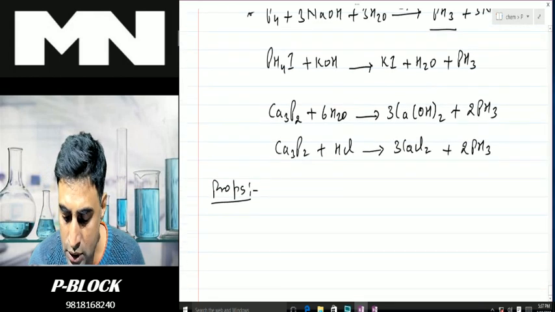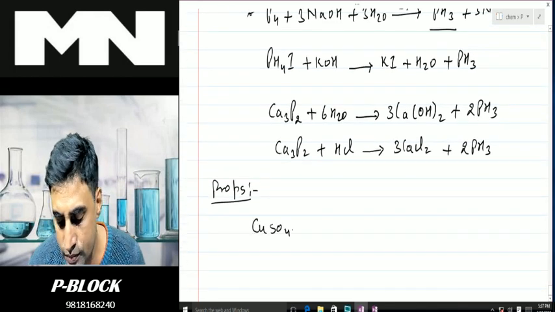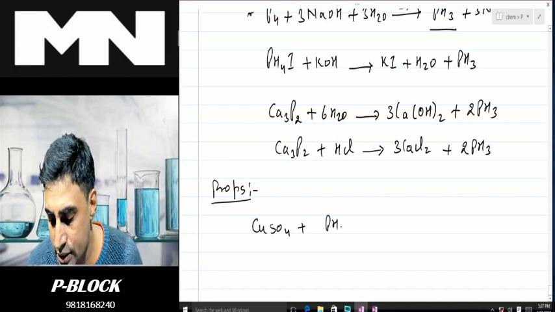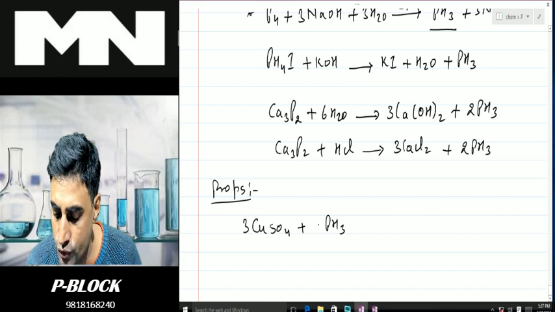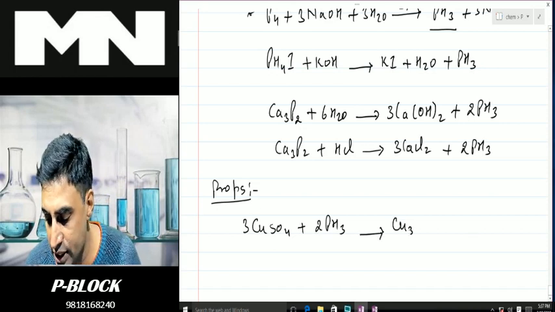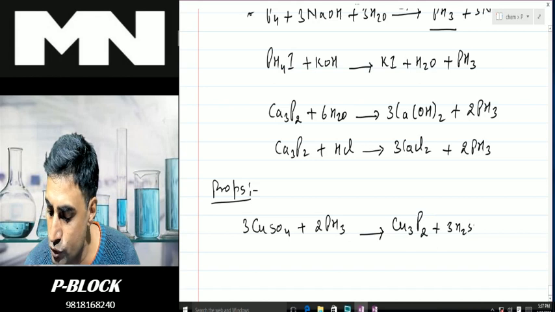of phosphine. Suppose you have got a compound like copper sulfate, CuSO4, and you are reacting it with PH3. So 3 moles of CuSO4 will react with 2 moles of PH3 to give you Cu3P2 plus 3H2SO4.